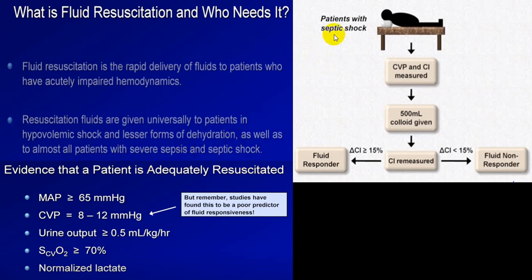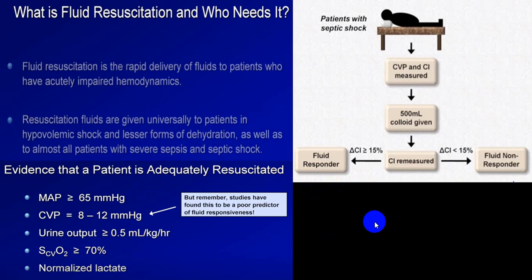And once you start resuscitating, if his mean arterial pressure comes to more than 65, closer to 70, central venous pressure is 10, urine output is more than 0.5 ml per kilogram per hour, approximately, if a person is weighing say 60 kg, that is 30 ml per hour, and if oxygen saturation increases to more than 70, close to 90, lactate level reduces and mental status improves, we say that the person is adequately resuscitated.